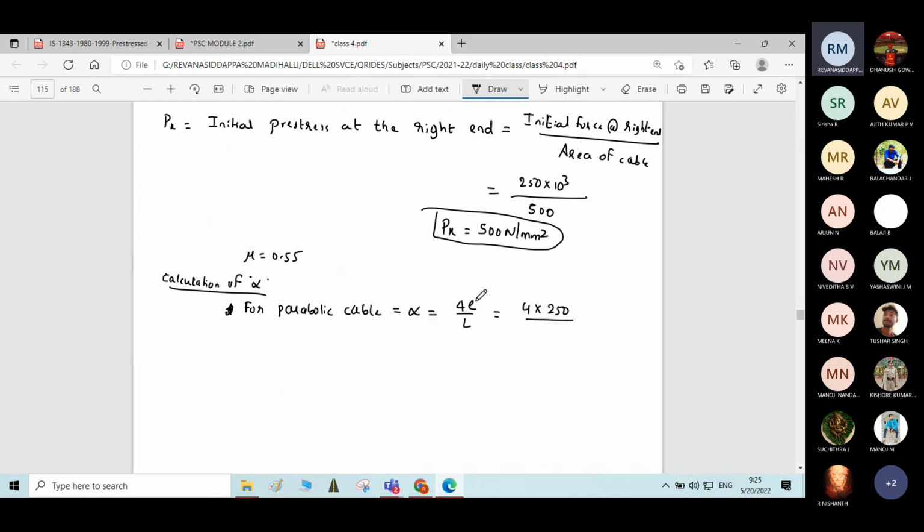Here we have substituted the eccentricity in terms of mm, so length also you substitute in terms of mm only: 10 into 10 power 3 millimeter. By this we'll get the slope. So this is slope, not alpha. Slope is equal to... please calculate the answer.